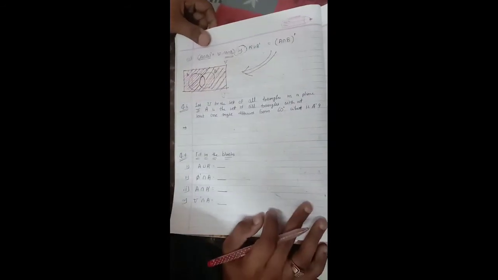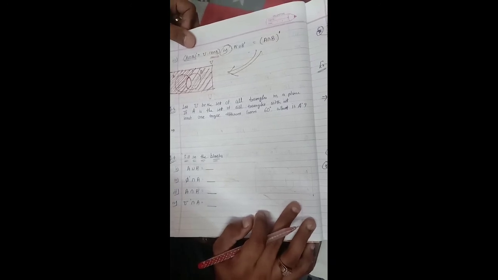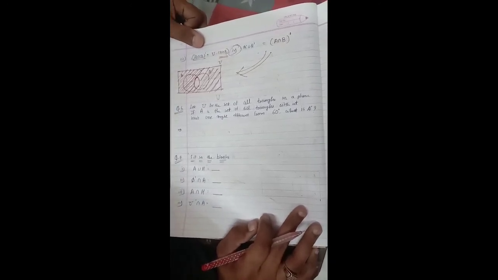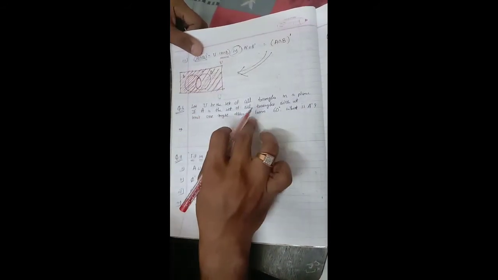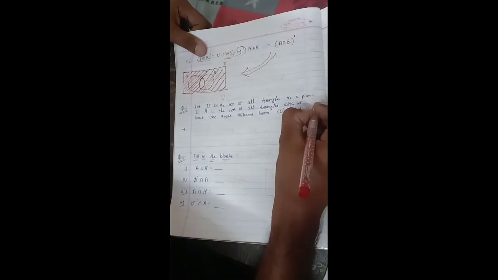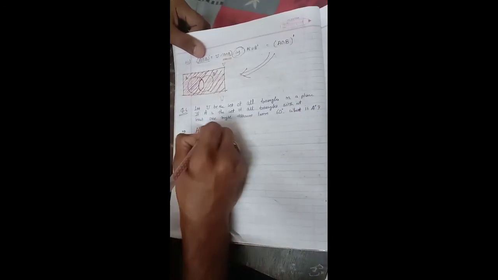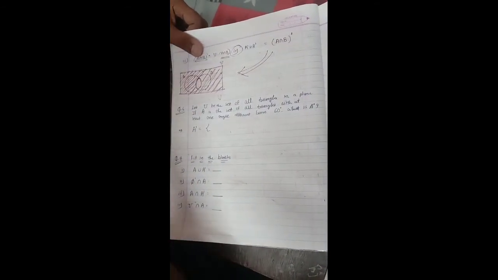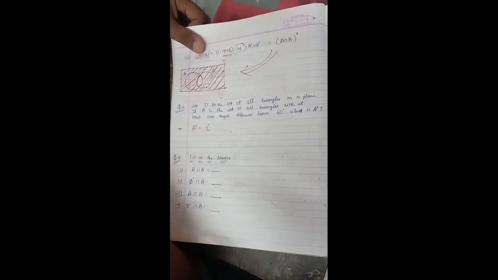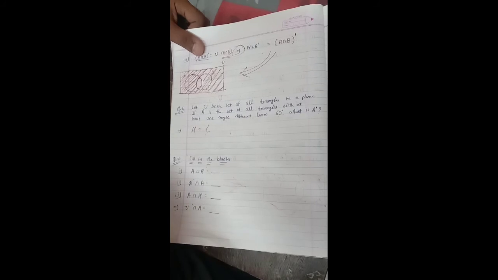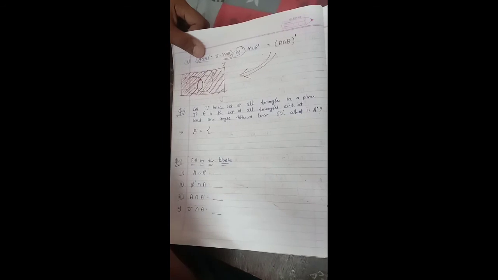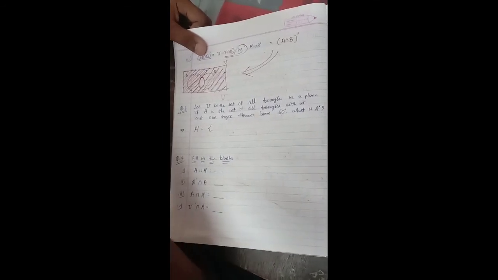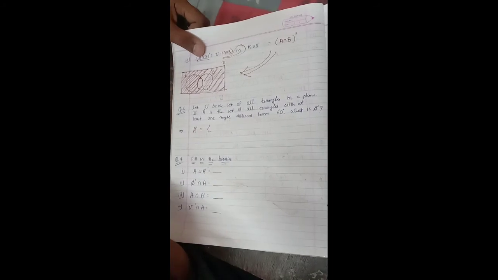Now question number 6. Let U be the set of all triangles in a plane. If A is the set of all triangles with at least one angle different from 60, what is A dash? A is all triangles but not those having all angles 60 degrees, means not an equilateral triangle in A. All triangles except equilateral triangles in A. Universal set means all triangles.